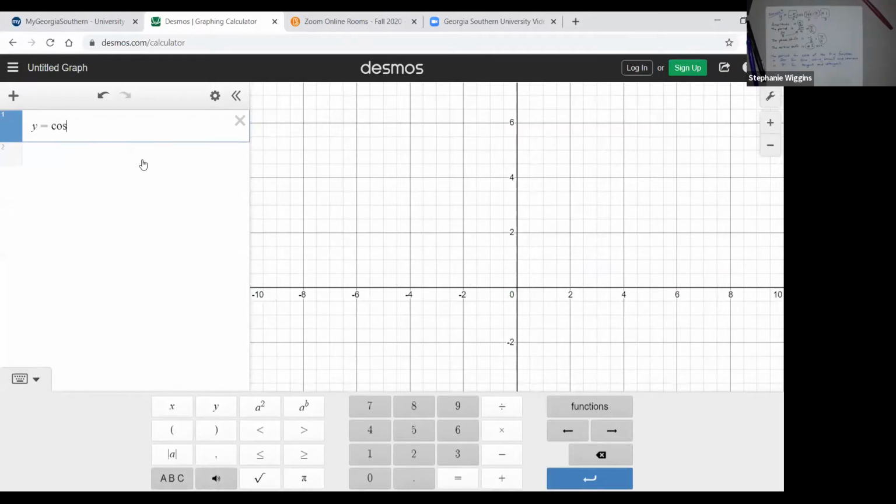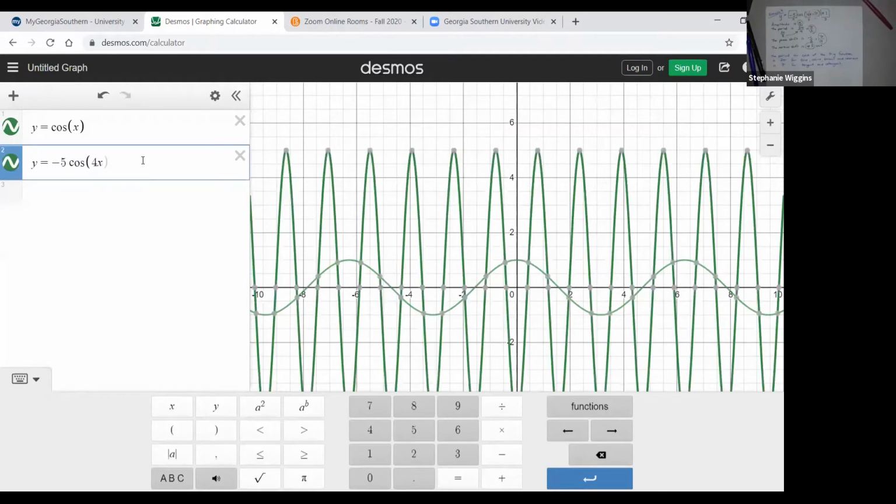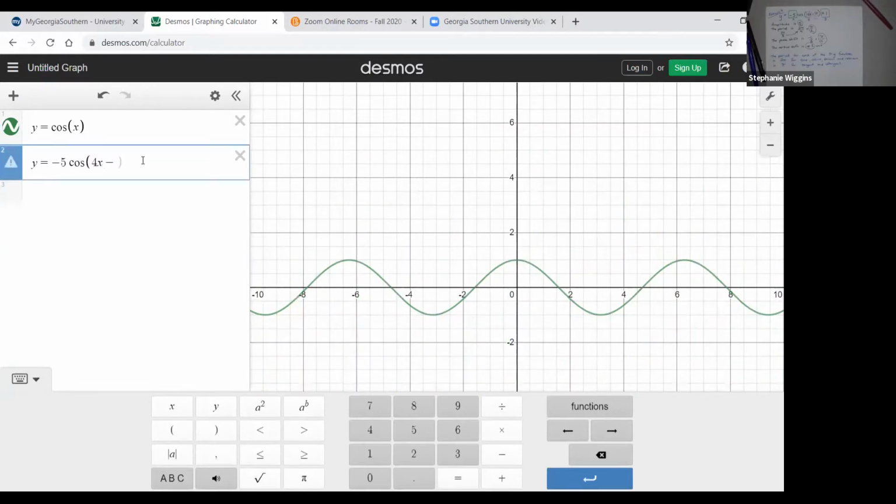Y equals cosine of x. And then our function that we're trying to graph, which is a variation of cosine, is minus 5 cosine of 4x minus pi.